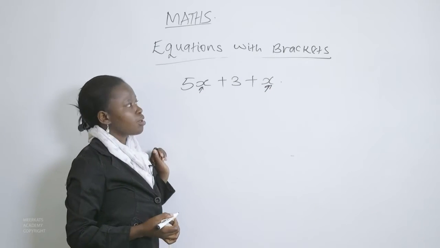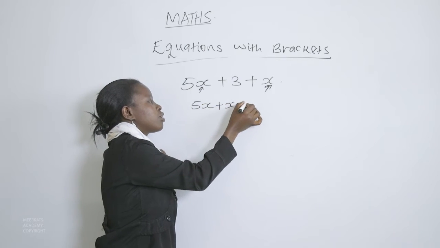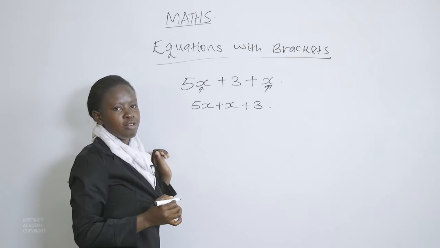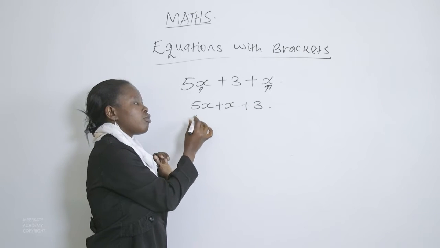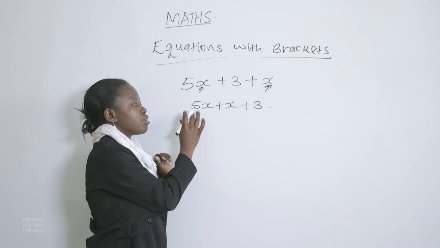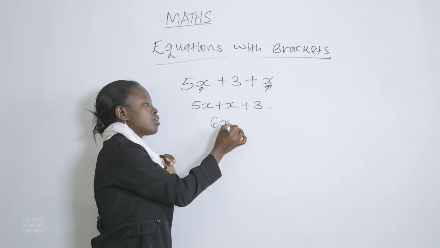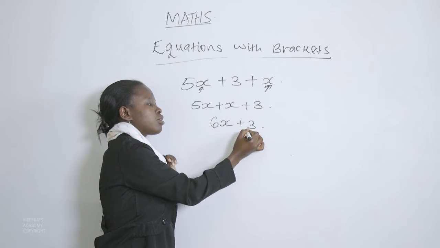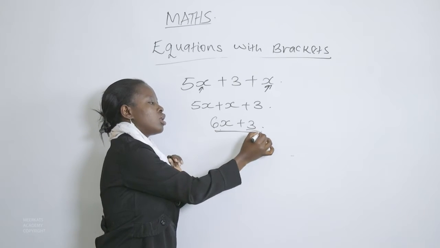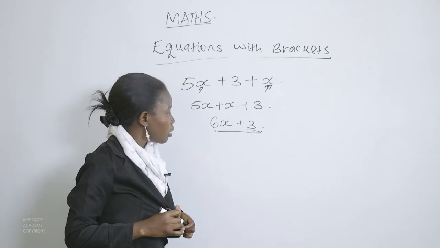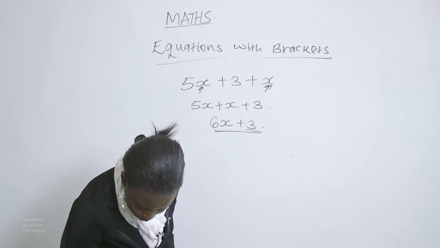So it means we will have 5x plus x plus 3. 5x plus x, we simply have 5 plus 1, and 5 plus 1 gives us 6. So that means 5x plus x will give us 6x, then plus 3. So 3 is not a like term to 6x. So our expression remains as 6x plus 3.